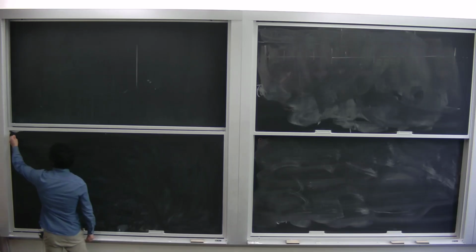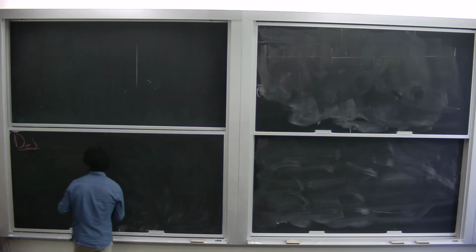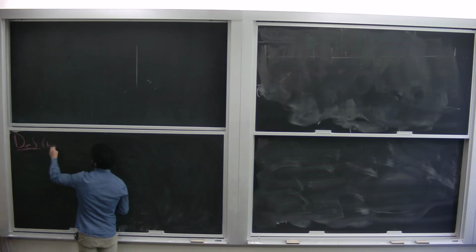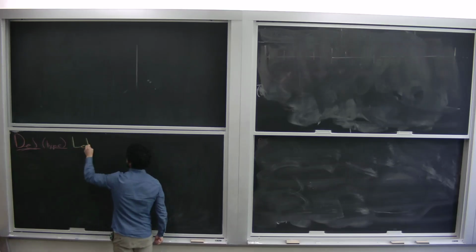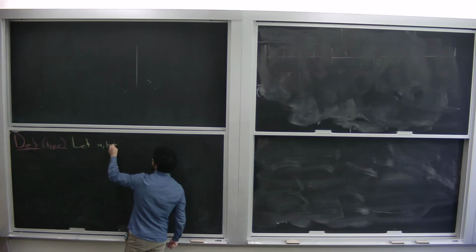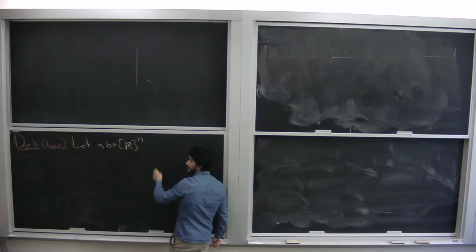So let me put the definition. First, the type. Let A and B be two subsets of the real numbers of the same cardinality.